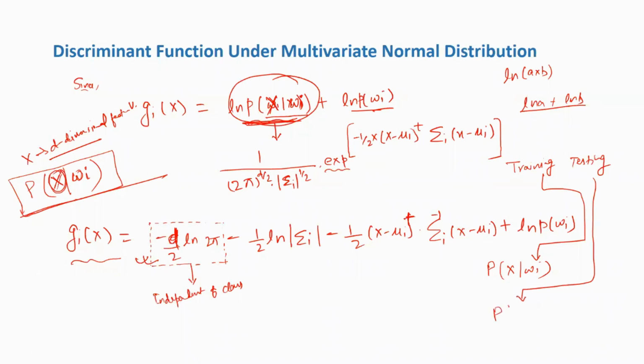What is the probability that this feature vector x will belong to some class omega i while testing? Correct or not, guys? That's what we actually do, right? Are you getting it, guys? While training, while testing, any algorithm.